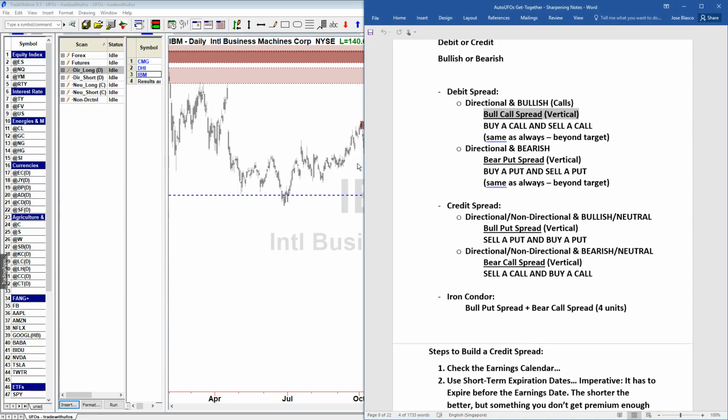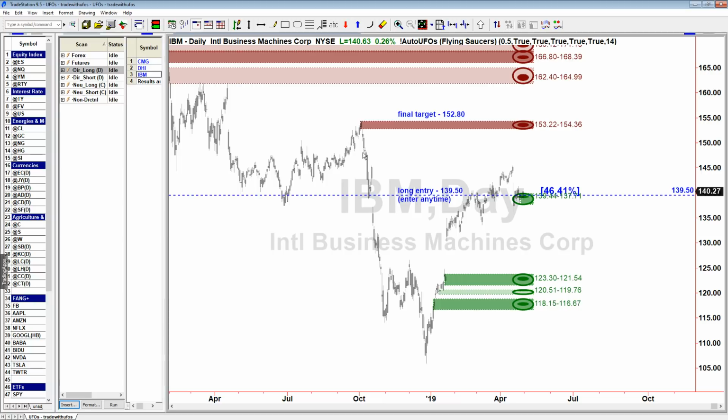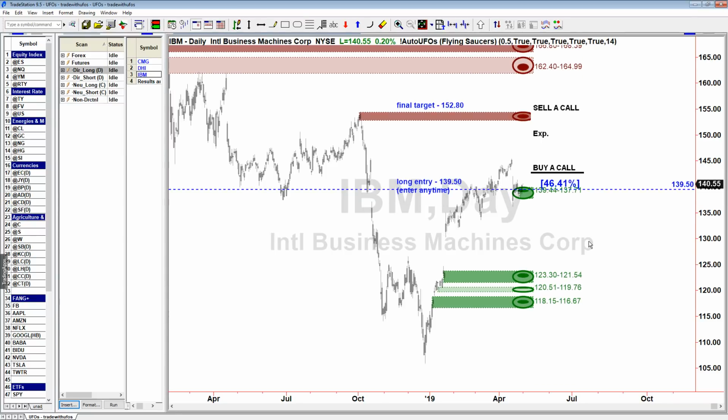To do a bull call spread, we will need to sell a call beyond the location of the target, and we would buy a call somewhere around the midpoint between the current price and the target, which we're going to calculate all of this in a minute. And then we need to be very thorough as well with the expiration date that we're going to use, okay?